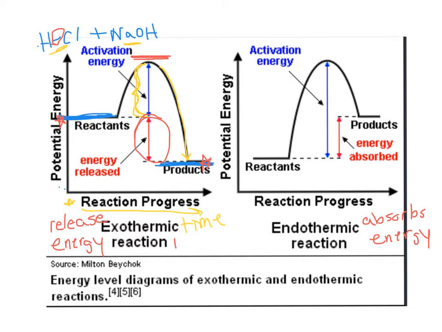So if we actually had a number here, let's say we started off at 400 kilojoules of energy, and let's say that our final product's potential energy is somewhere around 200 kilojoules of energy. In order to calculate total energy exchange, we do products minus reactants.